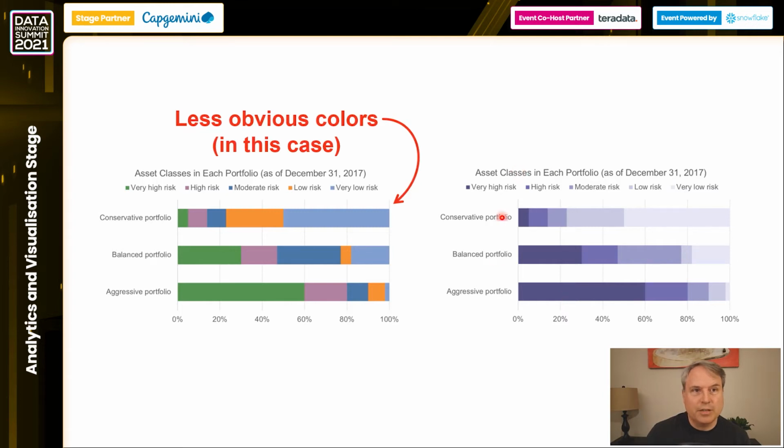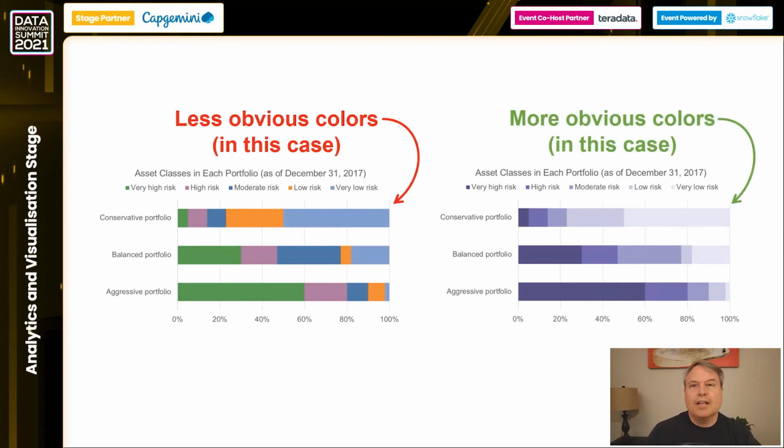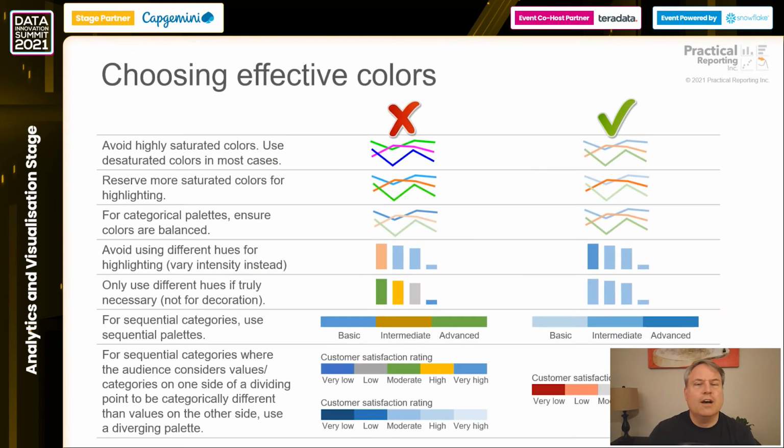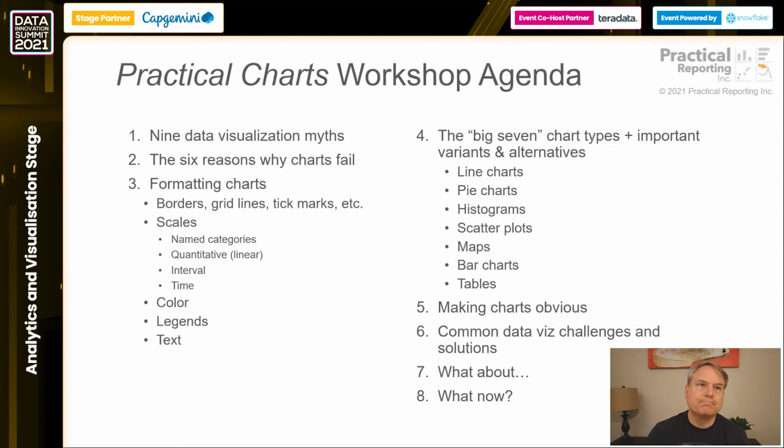And once you start reading, you realize that these are portfolios and this is higher risk. Not so obvious from this color palette, right? And so, again, there are rules that we can learn, these spelling and grammar rules of data visualization, for having well-formatted quantitative scales, for choosing the appropriate color palette in a wide variety of situations.